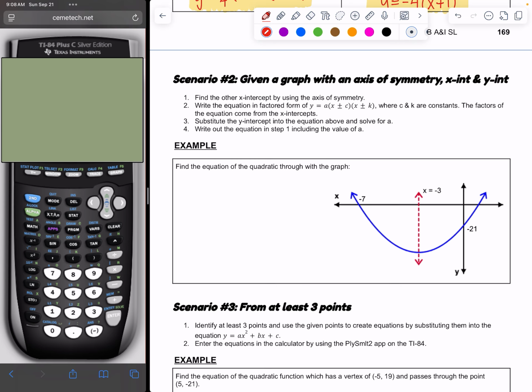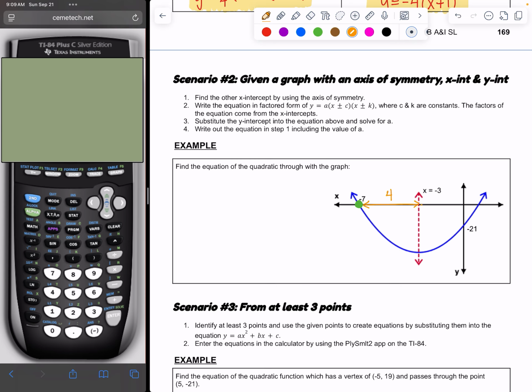So let's look here. If we look at this example, we see that we have an x-intercept at -7, and we have an axis of symmetry at -3. So I know that from -7 to -3, that is a distance of 4 units.